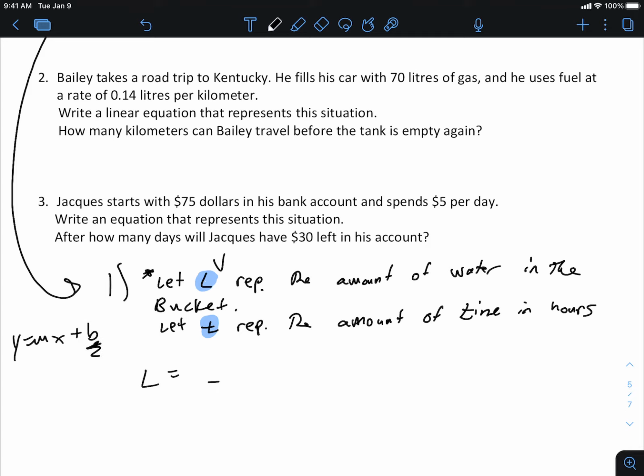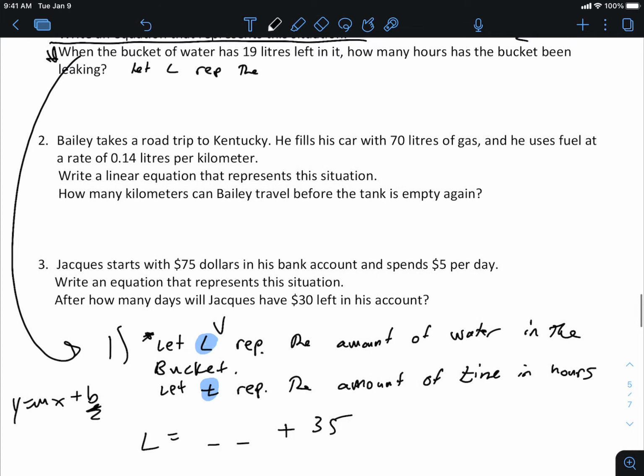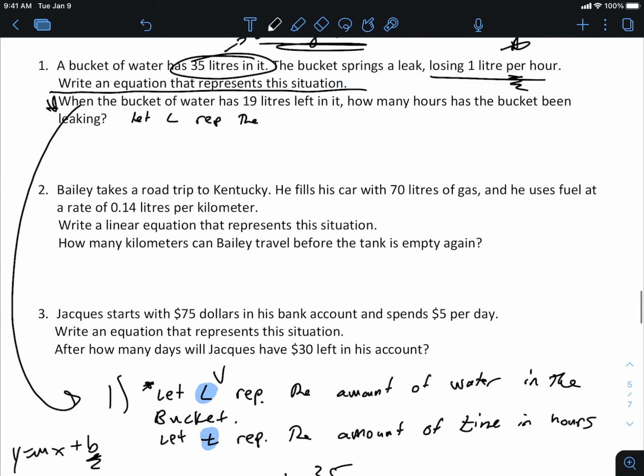So I'm going to have something plus 35 because that's where I start. Then the second part of this tells me how the graph is going to change, or how is this situation changing?